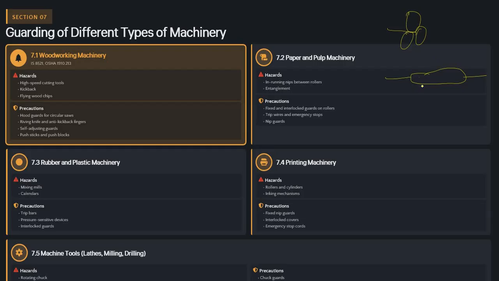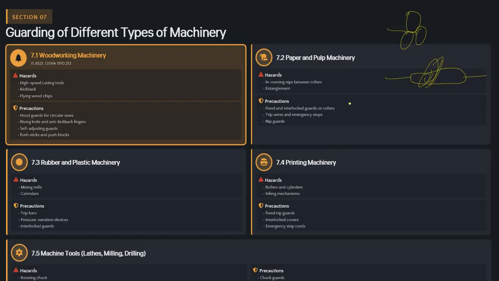We have probably seen some videos like this. The person got entangled and his head repeatedly hit the surfaces, which led to a fatal accident. So if you are working in a paper or pulp industry where there are rotating objects, nip points and rollers, you need to consider fixed guards first. If fixed guards are not possible, consider interlock guards.